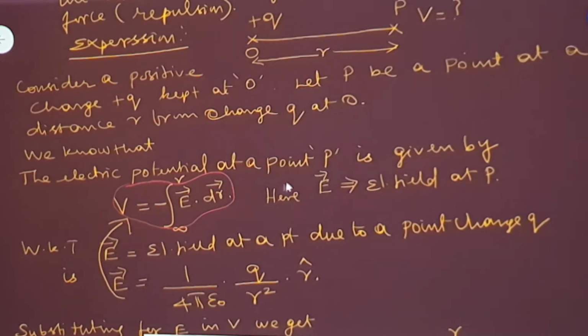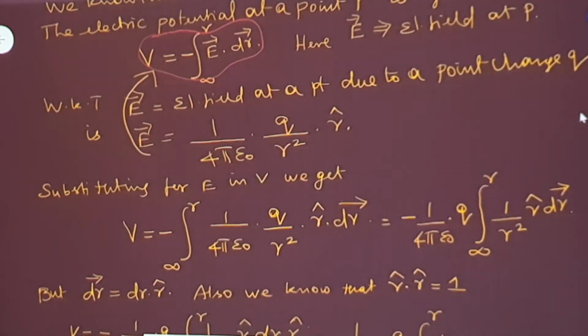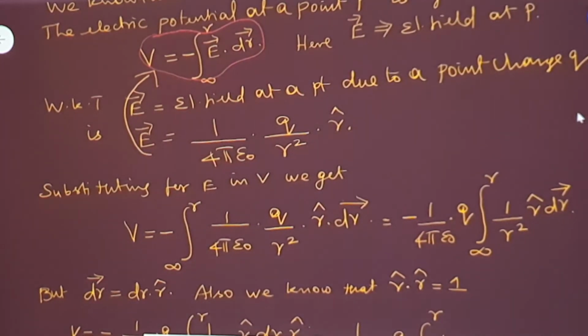So here E is the electrical field at that point. The expression for the electrical field at that point due to a point charge is given by E vector is equal to 1 divided by 4 pi epsilon 0 into Q divided by R square into R cap. Take this and substitute in the previous equation.